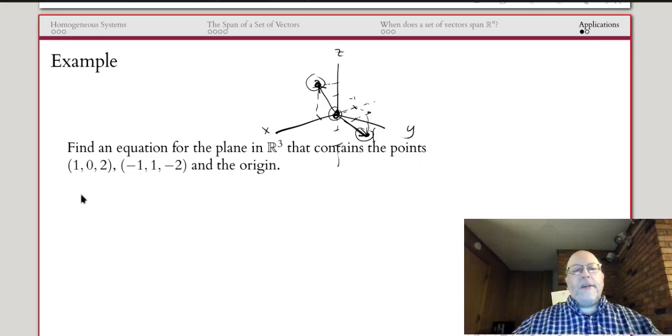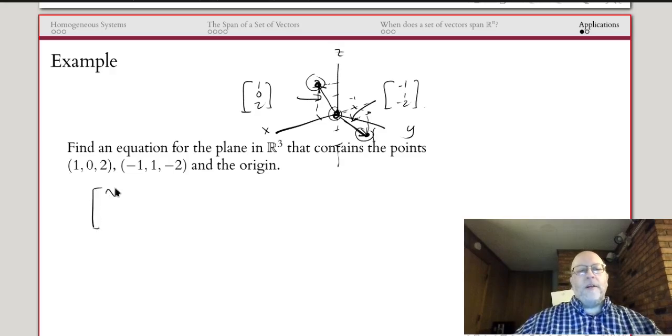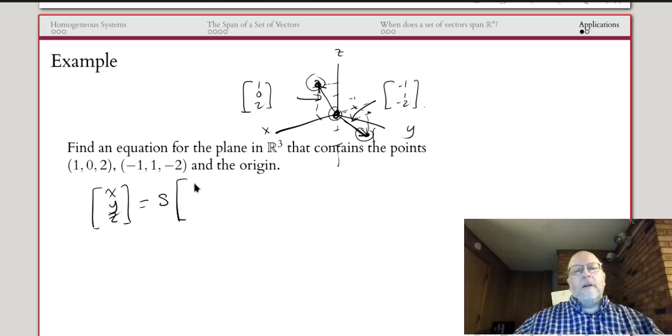Well, this is easy because we're starting at the origin. This is the vector 1, 0, 2, and this is the vector -1, 1, -2. And so the equation is that xyz is any weight times 1, 0, 2 plus any weight times -1, 1, -2.